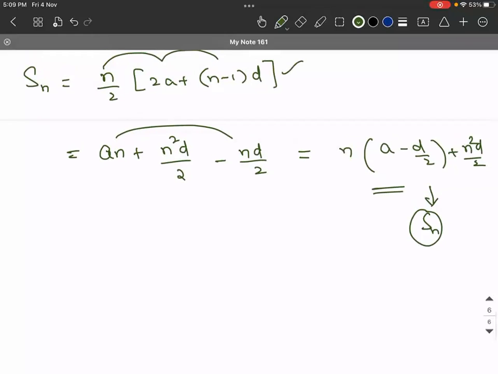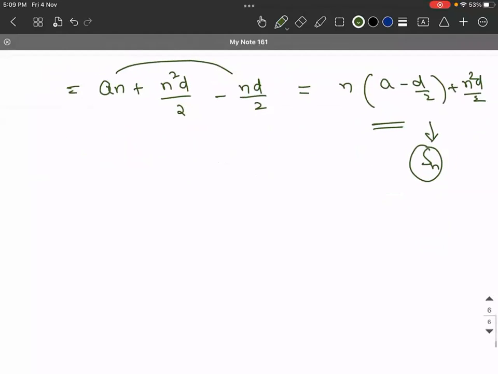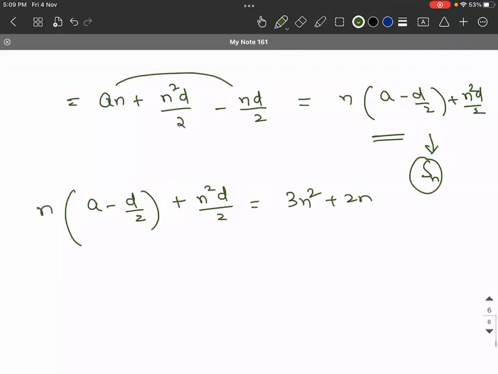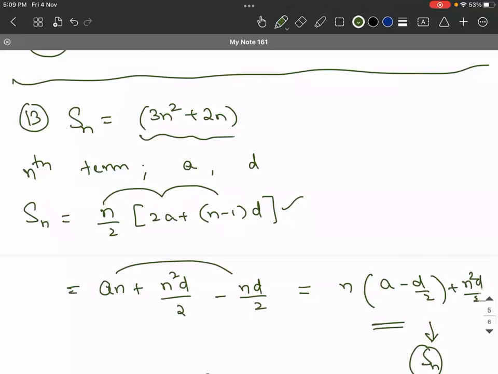If you rearrange it, you're going to get something like this. Now, n into a minus d by 2 plus n square d by 2 is equal to 3n square plus 2n. Am I right? Why did I write 3n square plus 2n? Because that is what they gave us.